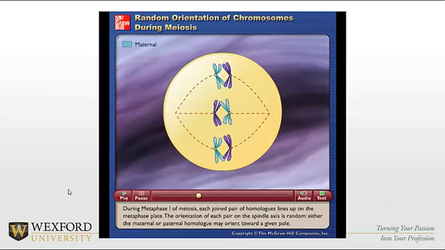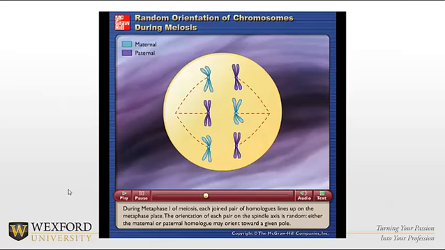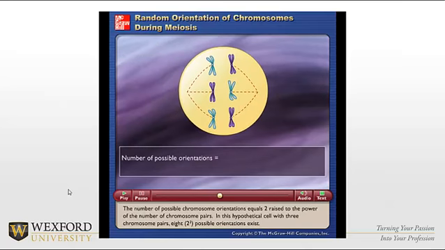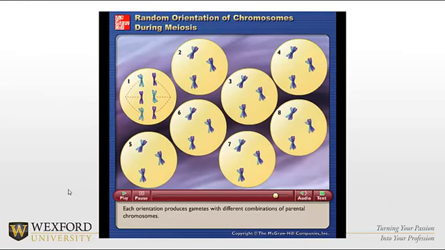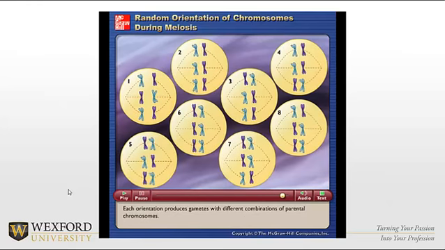Either the maternal or paternal homolog may orient toward a given pole. The number of possible chromosome orientations equals 2 raised to the power of the number of chromosome pairs. In this hypothetical cell with 3 chromosome pairs, 8, or 2³, possible orientations exist. Each orientation produces gametes with different combinations of parental chromosomes.